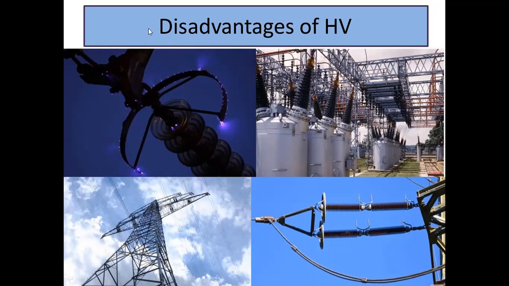After the midterm, that is in the final term course, we will study the corona losses, how high voltage produces corona losses, and how to deal with these losses. Secondly, we have the problem of insulators, because the insulation level increases with increasing the voltage of the transmission line.